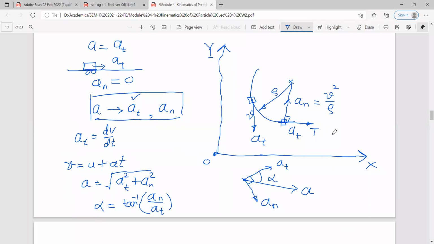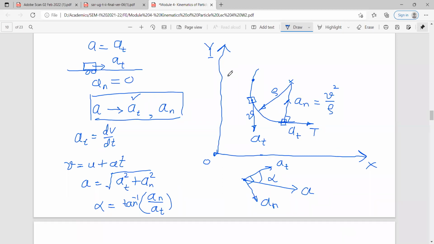This is the y-axis and this is the x-axis. I am placing this curved path along this xy plane. Now, obviously, if I place this path in the xy plane, any point on the curve will have some x and y coordinate.